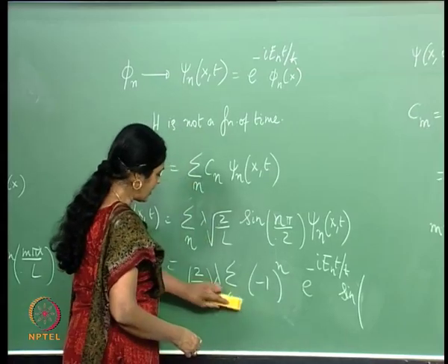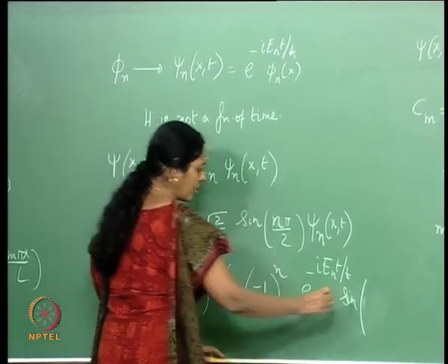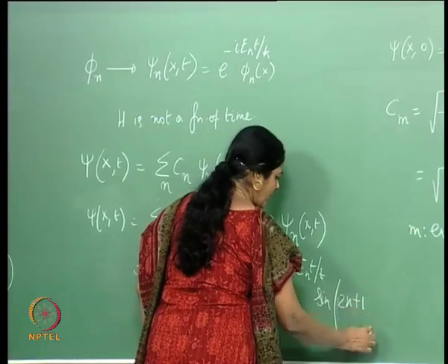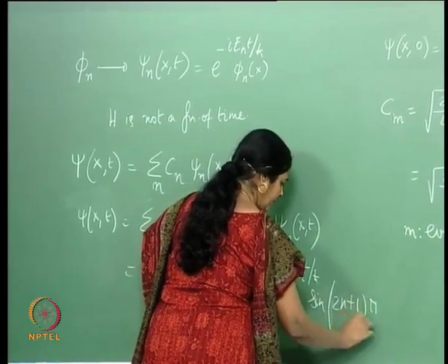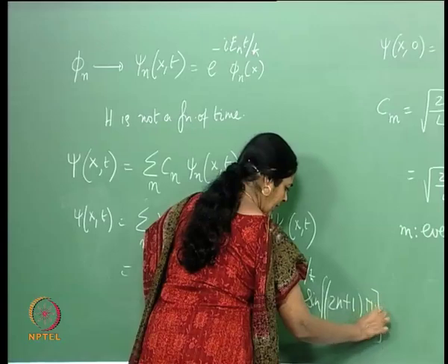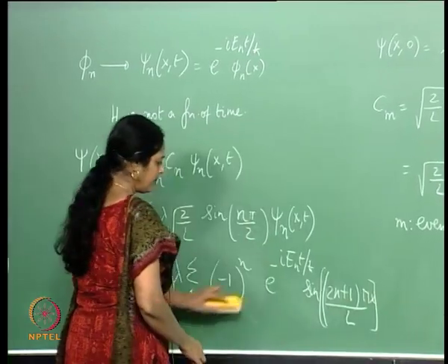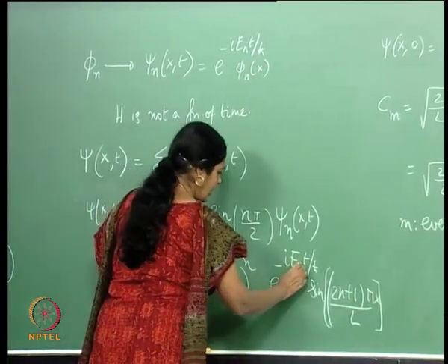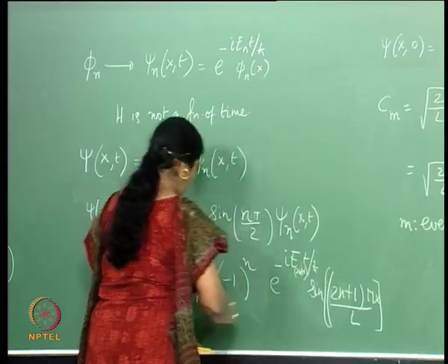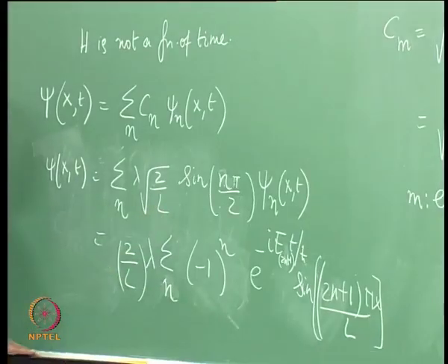So, let us say this is a summation over n of sine of 2n plus 1 pi x by L, and this n is again really an odd number 2n plus 1, where n runs from 0 to infinity.